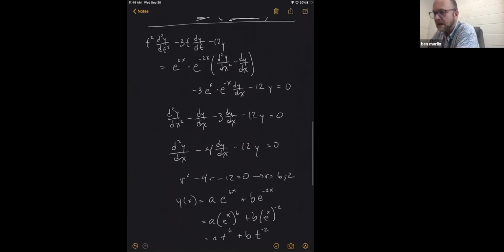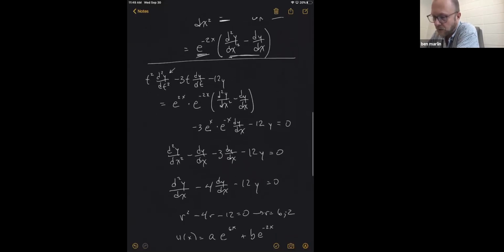So when I go back to the original equation, I need to substitute that mess in for this second derivative with respect to t. So my t squared becomes e to the 2x, and my second derivative becomes this stuff.